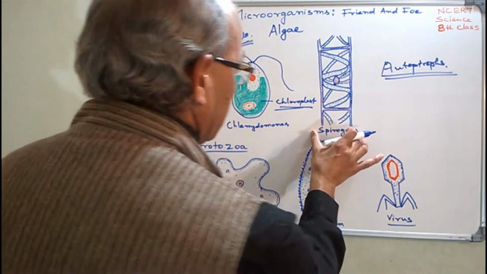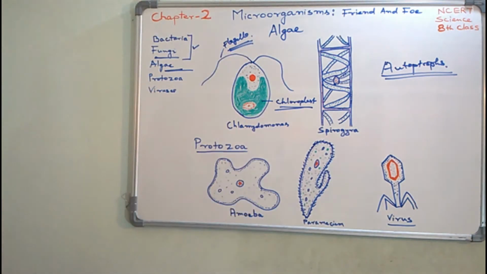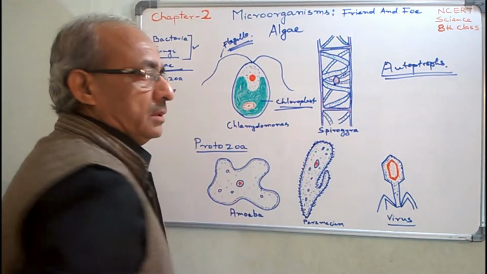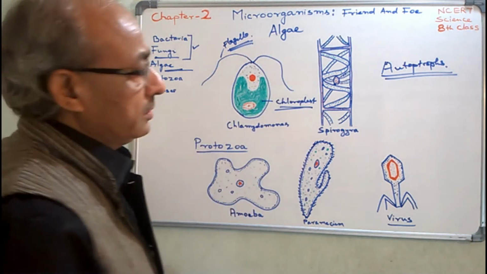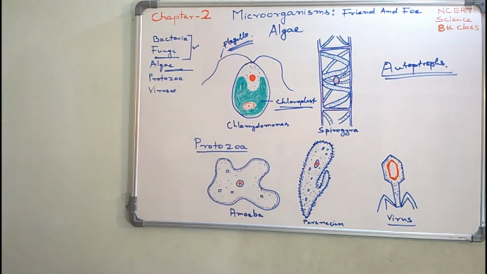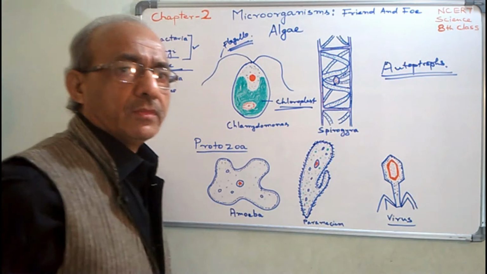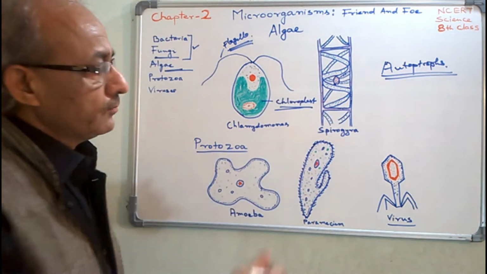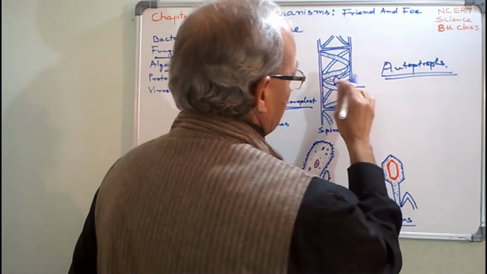Now we will discuss Spirogyra. Spirogyra is another example of algae. It consists of filamentous cells. That means the body of the Spirogyra is a filament-like structure, and it contains a number of cytoplasmic strands.